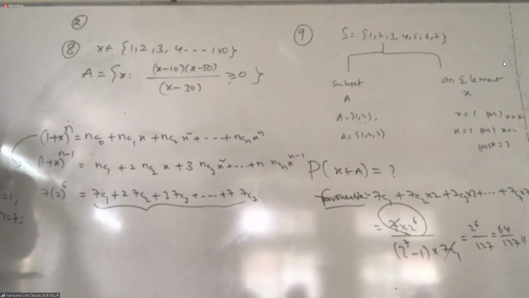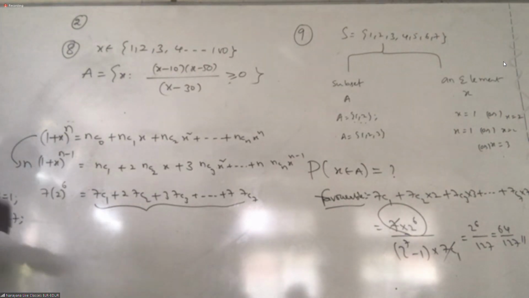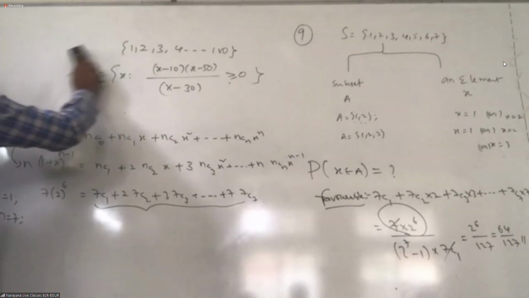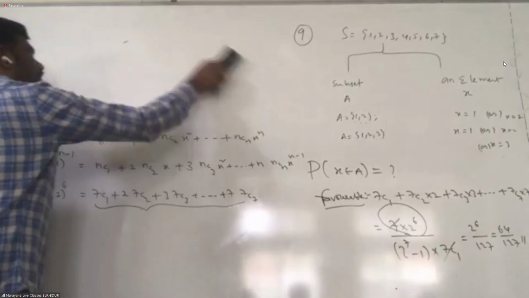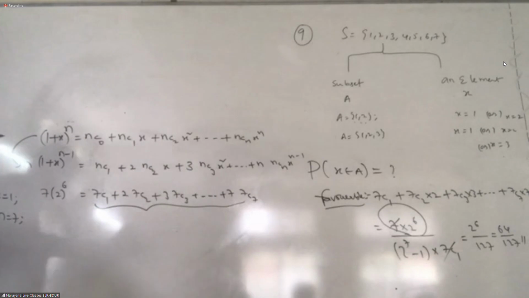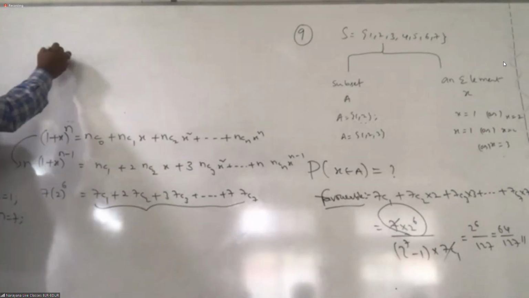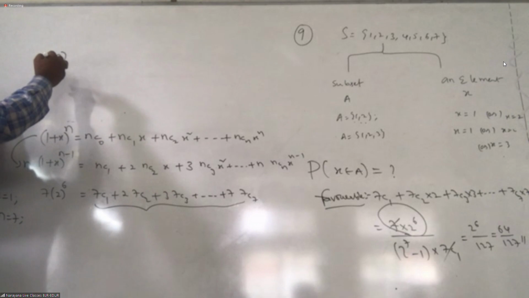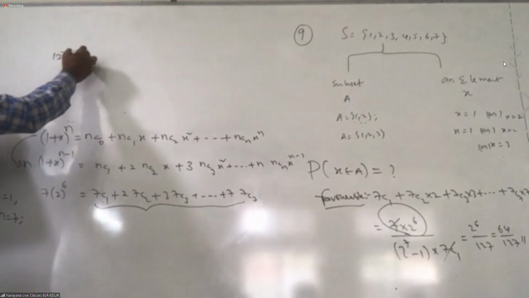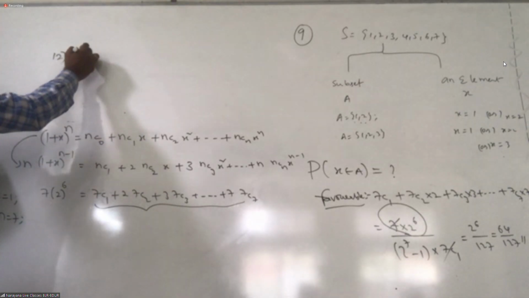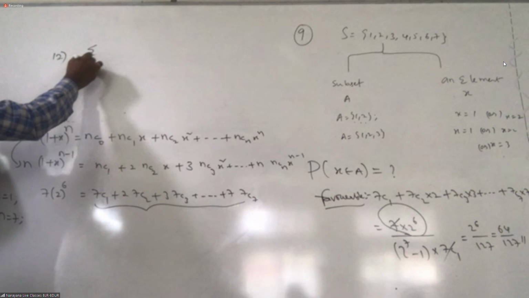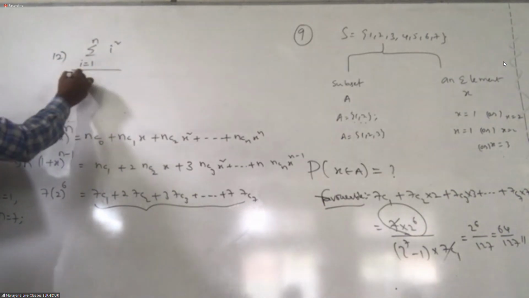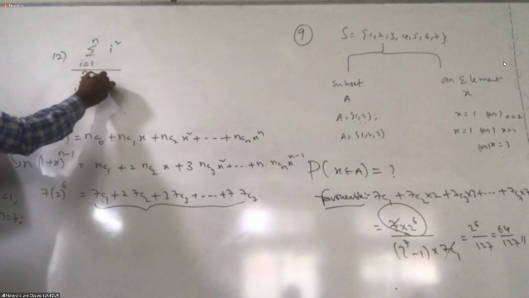All of you understand or not? Next. This we can try. That means summation i equal to 1 to n of i square by summation i equal to 1 to n of i.